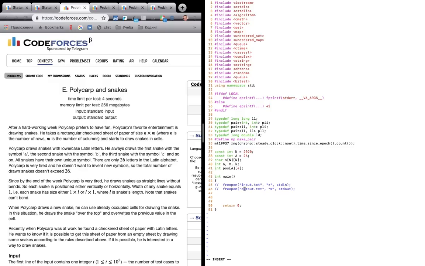Yeah, it will be just the uppermost, the downmost, the leftmost, and the rightmost.